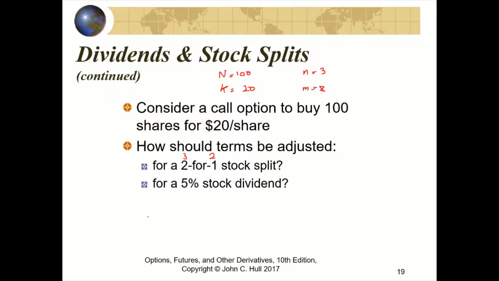So the new strike price is going to equal M times K divided by n, which equals 2 times 20 divided by 3.